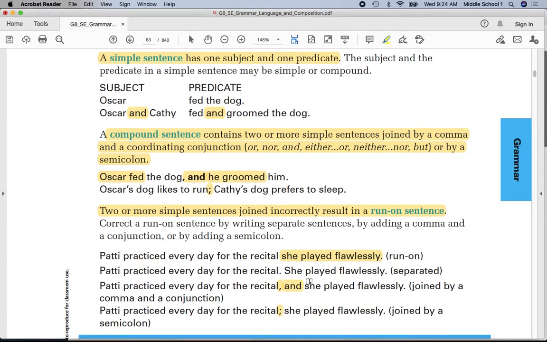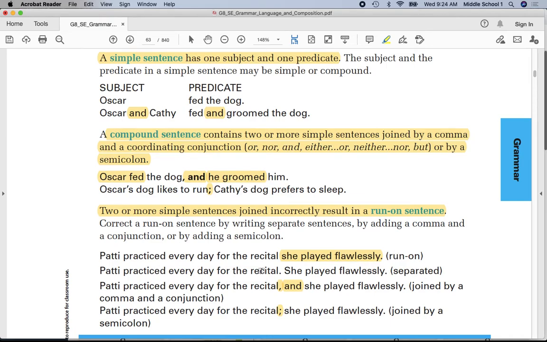I have highlighted something which is going to help us determine whether it is a simple sentence, a compound sentence, or a run-on sentence. Patty practiced every day for the recital. She played flawlessly. You'll notice it's missing a comma and a conjunction or a semicolon because both of these are simple sentences, but there is no comma, therefore we call it a run-on.